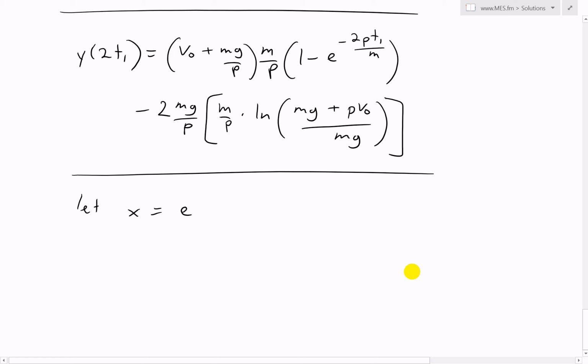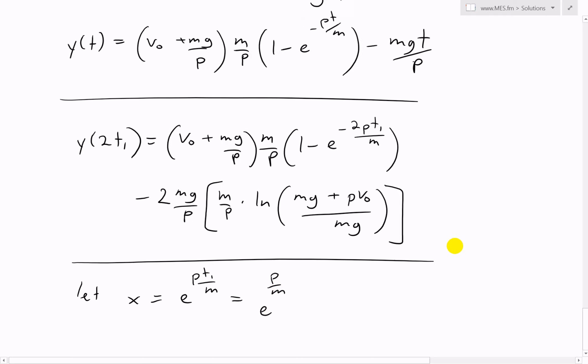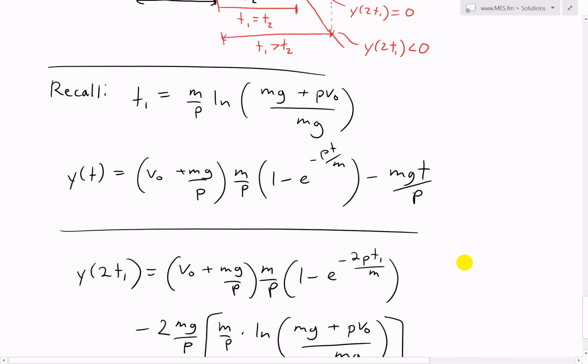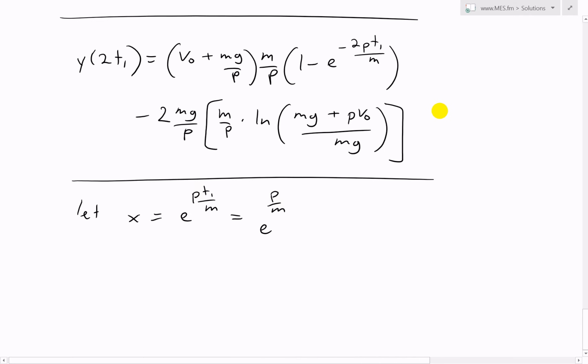So x equals e to the pt1 over m. Now if we plug in the t1, we have e to the p over m, and then we have this giant t1 formula inside. So we have m over p, and then ln of mg plus pv0 over mg, and then all bracket like that.